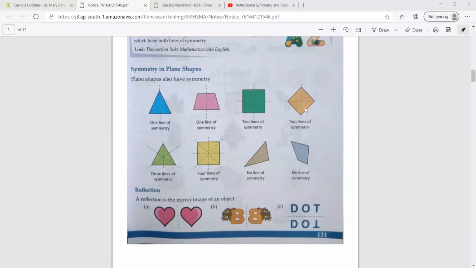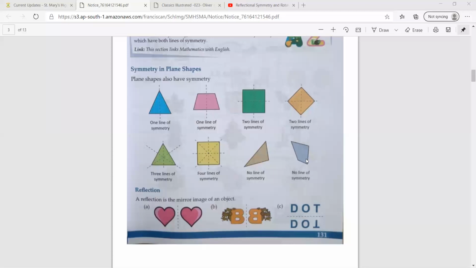Now here we have a square which is tilted a little bit, 90 degrees. In this also we have, similar to this, two lines of symmetry. Now this is the triangle where all three sides are different, a scalene triangle. So there are no lines of symmetry in this.